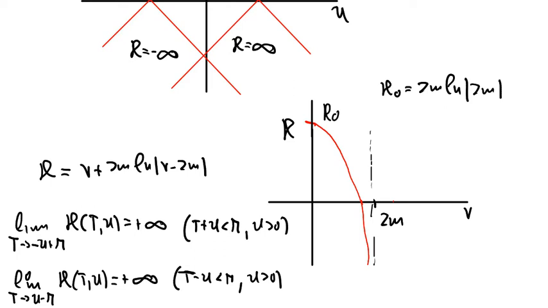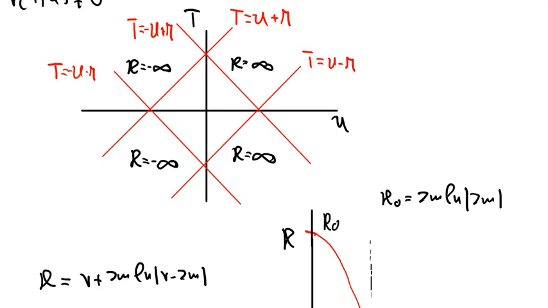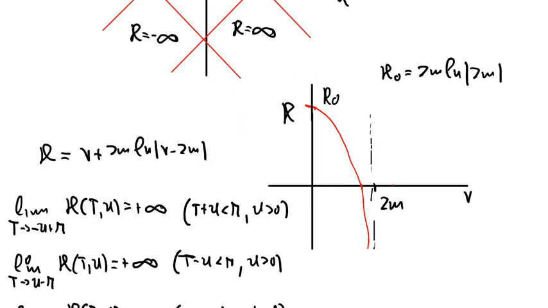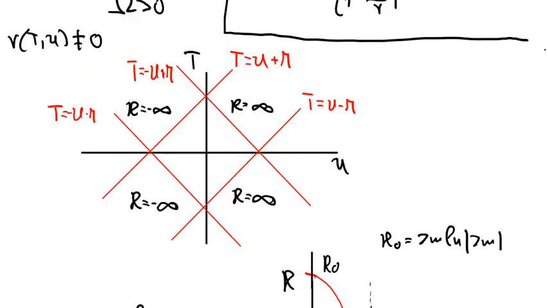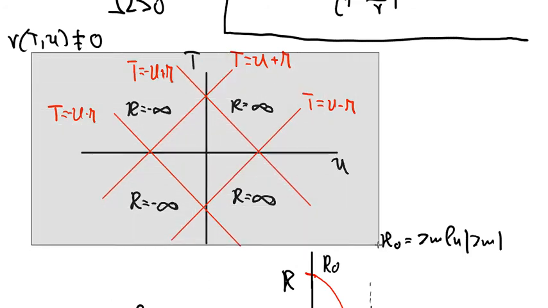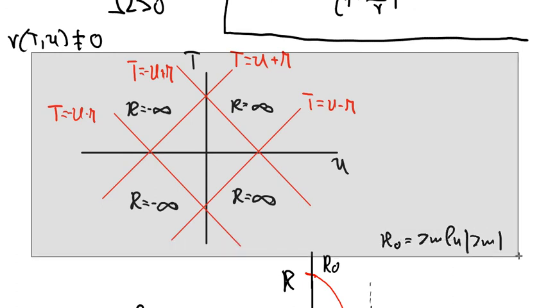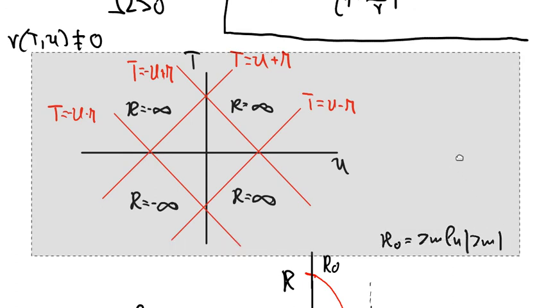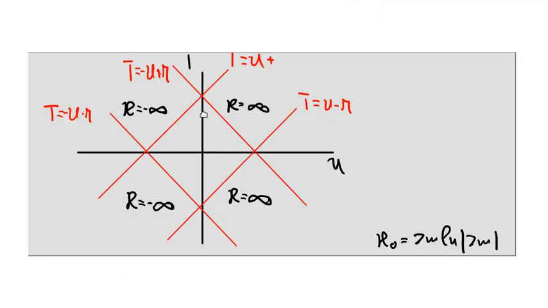Okay, so let us just take this picture with the value of r naught included, and bring it here, right?